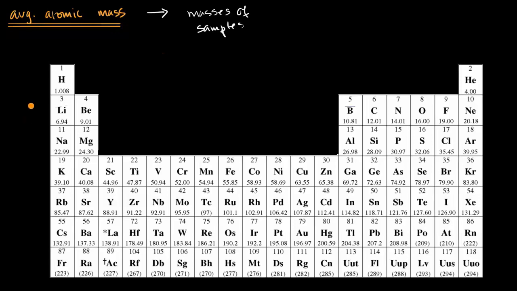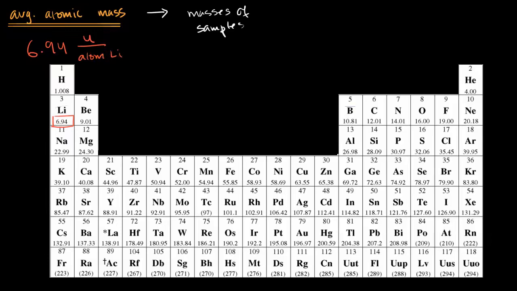Well, the chemistry community has come up with a useful tool. They've said, all right, let's think about a given element. So say lithium. We know its average atomic mass is 6.94 unified atomic mass units per atom of lithium.